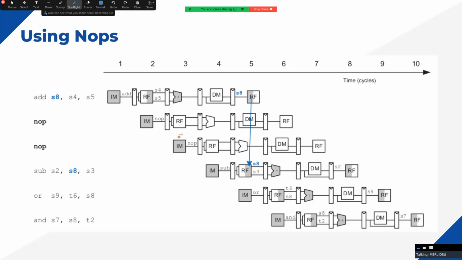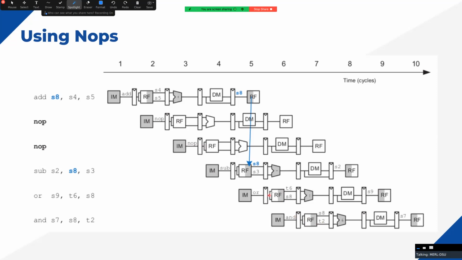So these two instructions act as a delay, providing a two cycle delay in my pipeline, so that the decoding of my next instruction and the write back of my first instruction happen at the same time. This reduces my data hazard, and afterward my OR instruction and AND instruction will get the correct data values of S8, so there is no data dependency occurring at those instructions.